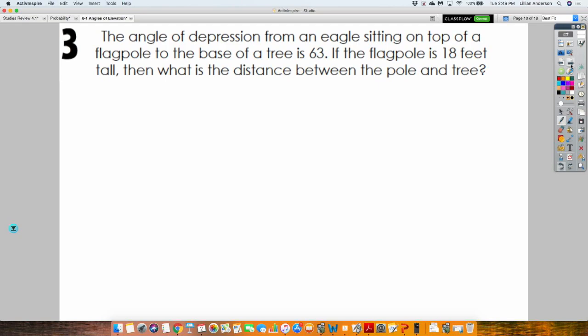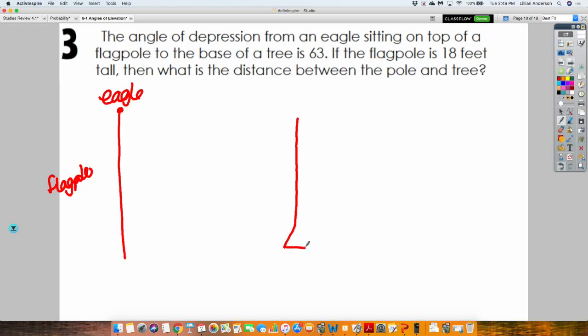Probably the eagle. Where's the eagle at? It's on top of the flagpole. So eagle, flagpole. The flagpole is vertical, sorry. I need a tree that's somewhere else, correct? I need the base of the tree.